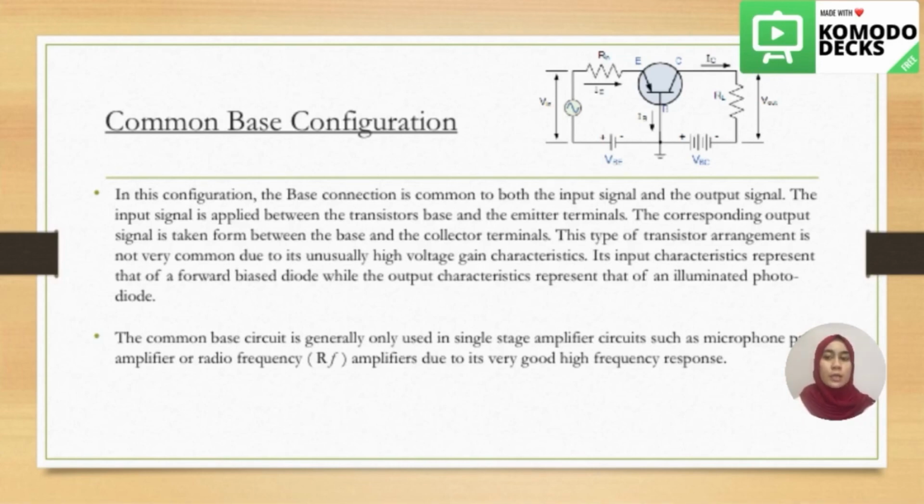This type of transistor arrangement is not very common due to its unusually high voltage gain characteristic. Its input characteristic represents that of a forward biased diode, while the output characteristic represents that of an illuminated photodiode.